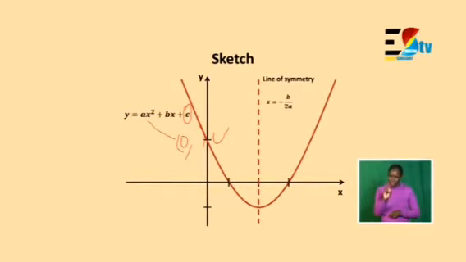So when you substitute 0 where you have x in that equation, these 2 terms disappear and you are left with c. Hence the y-intercept is always the constant term without x. So we can get it from the equation.